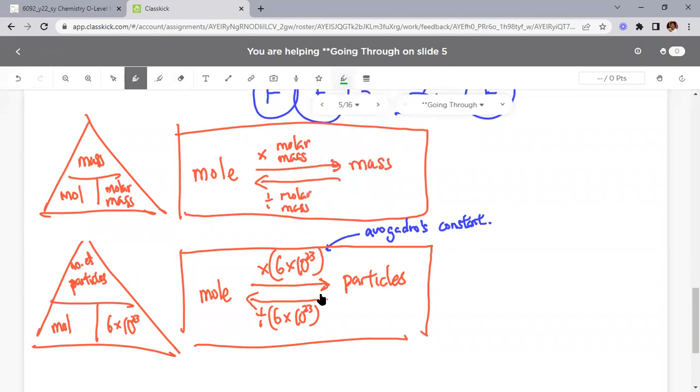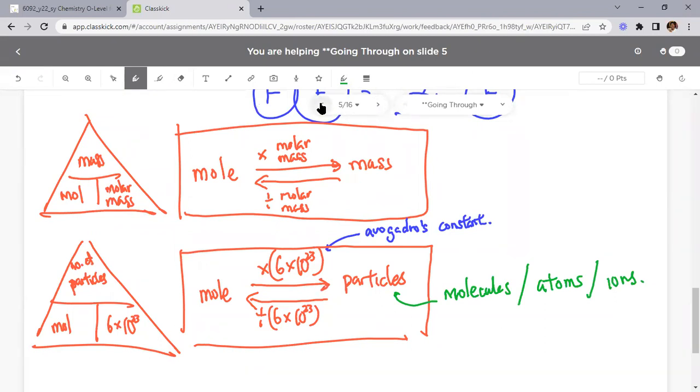So particles can mean molecules, atoms, or ions. When we use the term particles, it's a more generic term, where it could be atoms, molecules, or ions. You just have to be familiar with it.